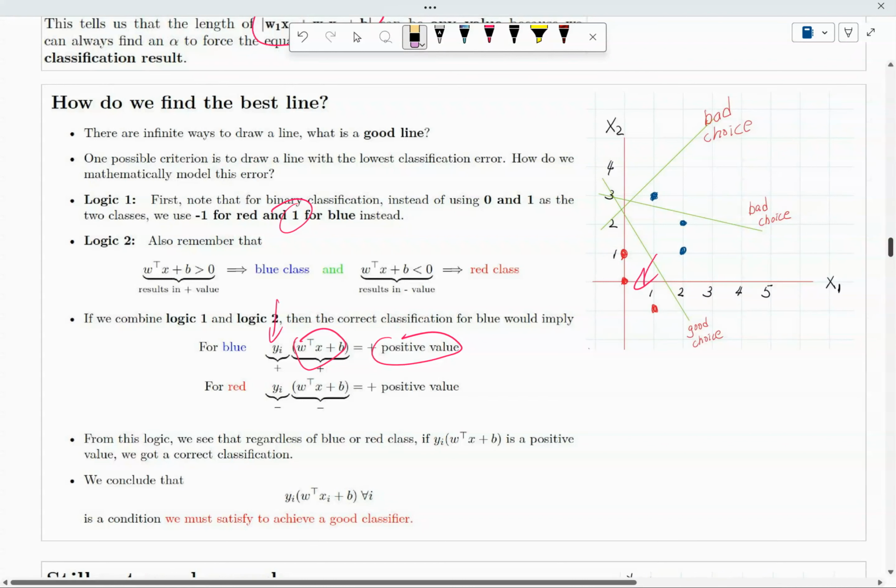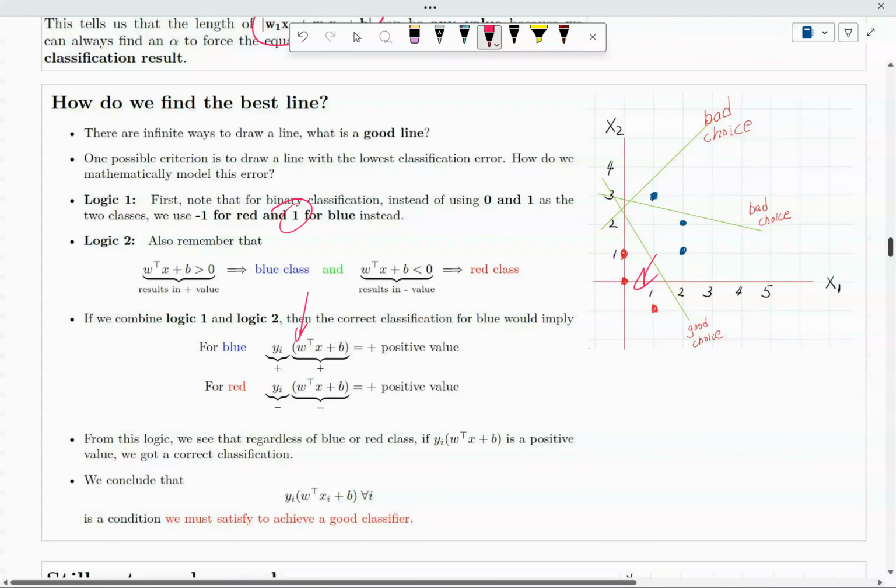Okay, so over here for red, remember red is a negative. So if you take the label, multiply by the line equation, well, the line equation should give you a negative value, right? Therefore, negative times negative is a positive value. This implies that if you pick the correct W value, for blue points this should be positive.